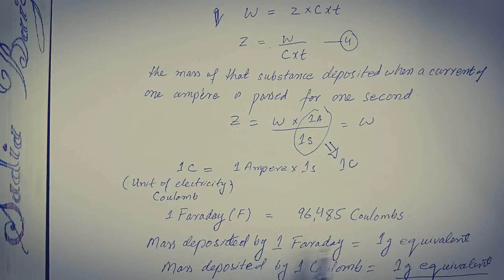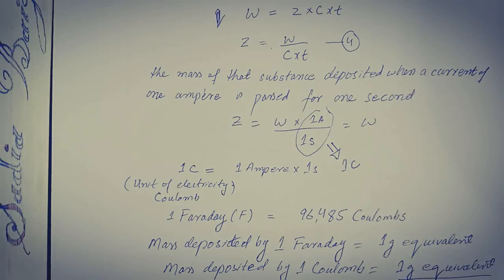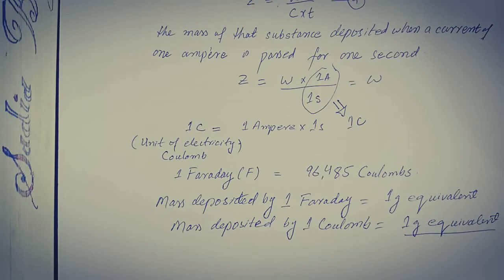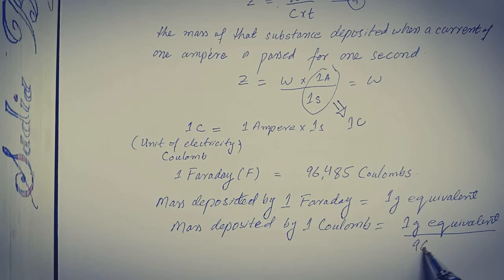As 1 Faraday is equal to this number of coulombs, we have to divide by these coulombs to get 1 coulomb in terms of Faradays. So we have to divide by the number of Faraday units, 96485.